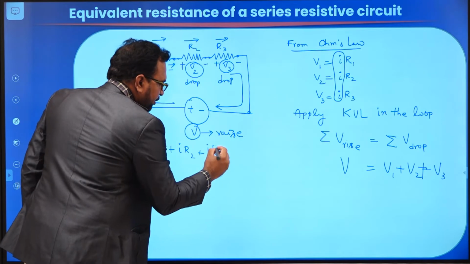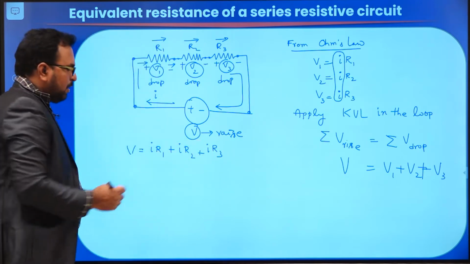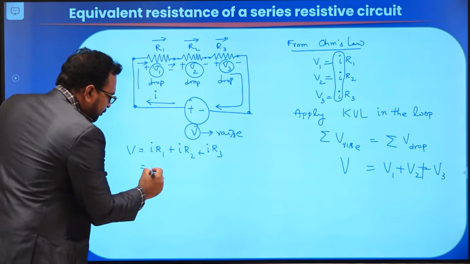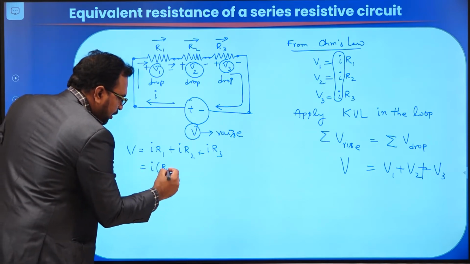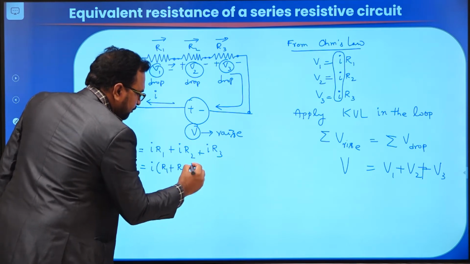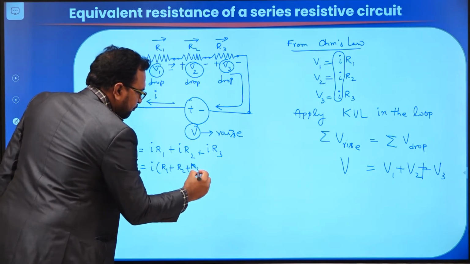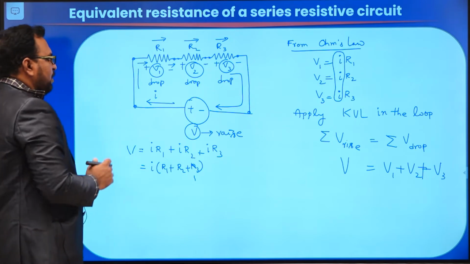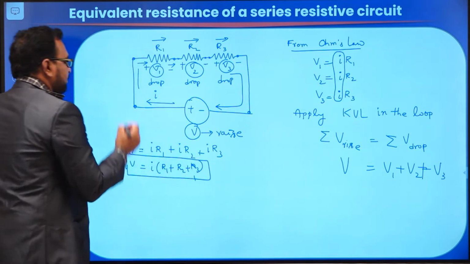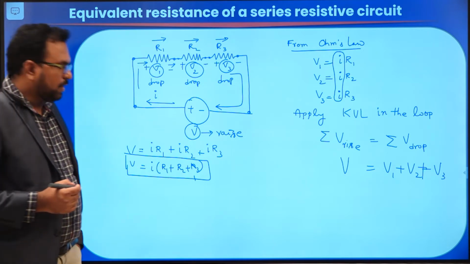I into R3. In this, I is common. Take I common. So I into R1 plus R2 plus R3. So V is equal to I into R1 plus R2 plus R3. This is the final expression we got.